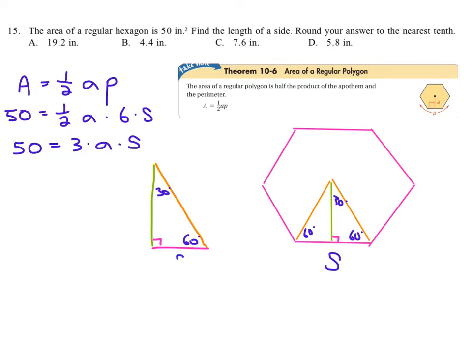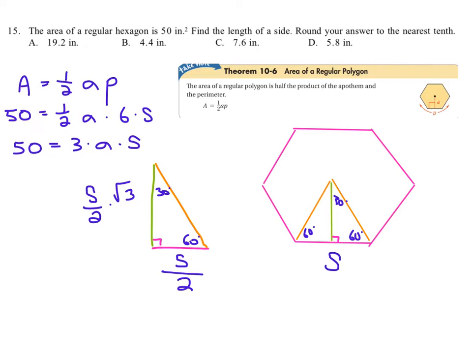So we could call this side S divided by 2. And of course, that's the short leg of a 30, 60, 90 triangle. So what does the long leg measure? The long leg measures S divided by 2 times square root of 3. That's what the apothem of our hexagon measures.